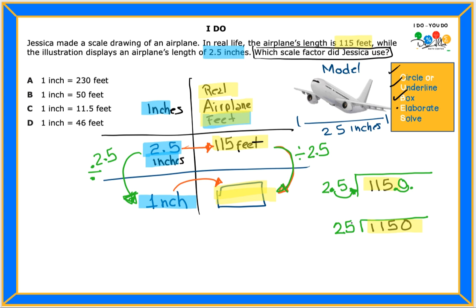Can I multiply 25 by anything and get a 1? No, 1 is smaller than 25. What about 11? It still is smaller than 25. What about 115? That one will work. Okay, great. And I'm going to multiply by the number 5 because the number 5 is a friendly number. And from there, I can see if I have to multiply higher or lower. And I'm going to multiply on the side.